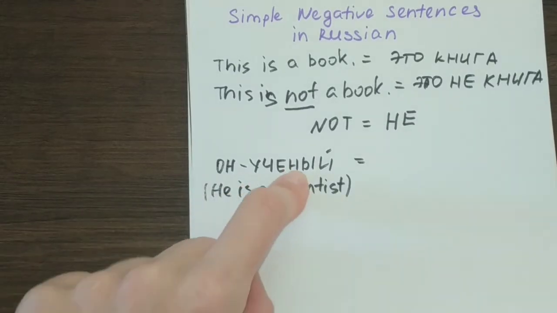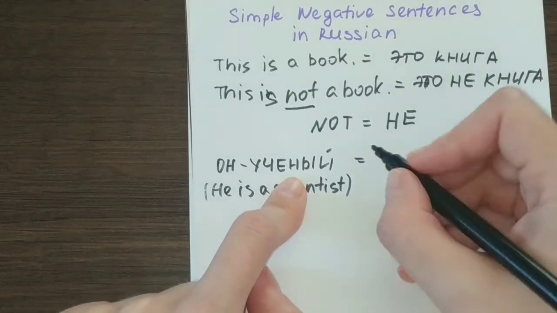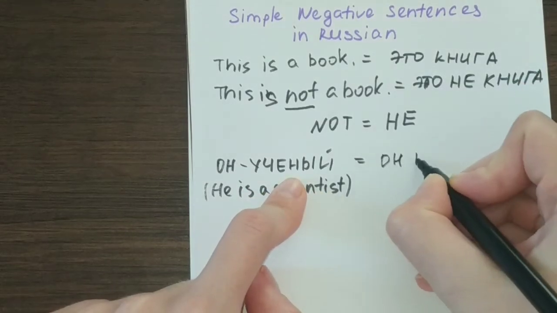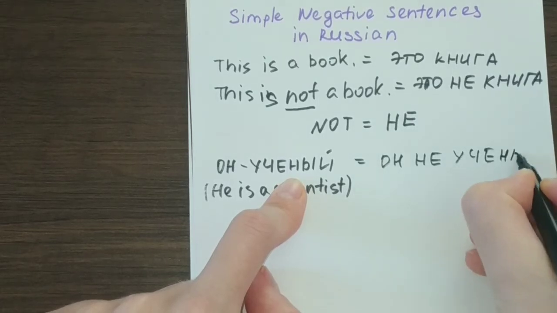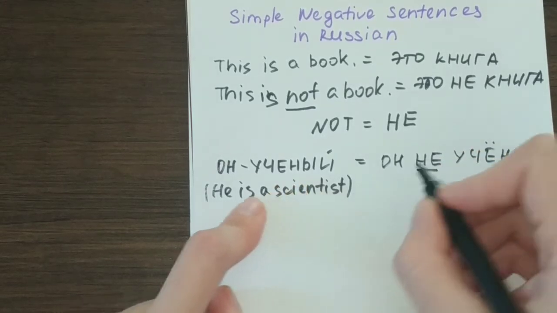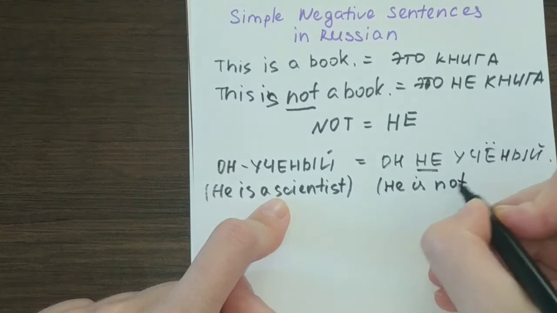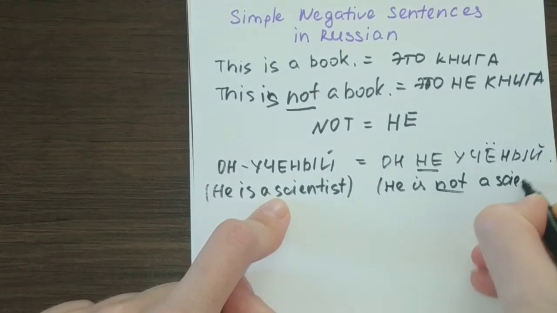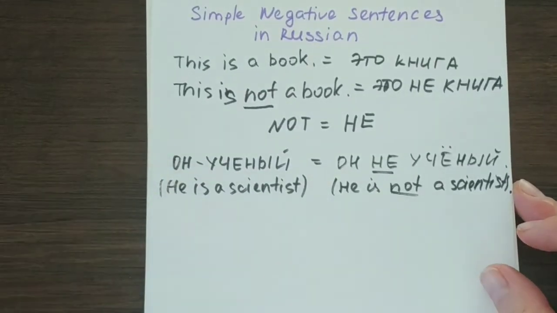We are negating that he is a scientist, we are negating the word ученый. So the translation will be он не ученый. Он не ученый. So in English it will be he is not a scientist. So I think that's clear.